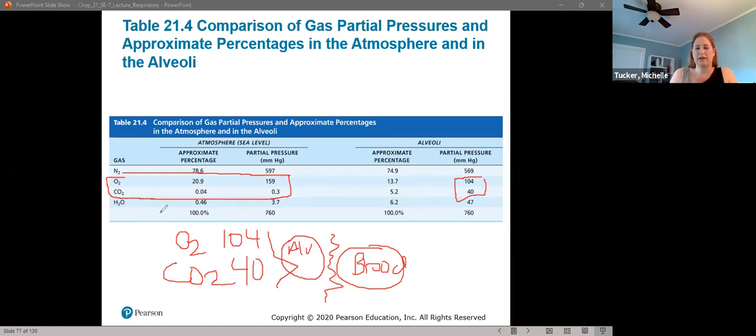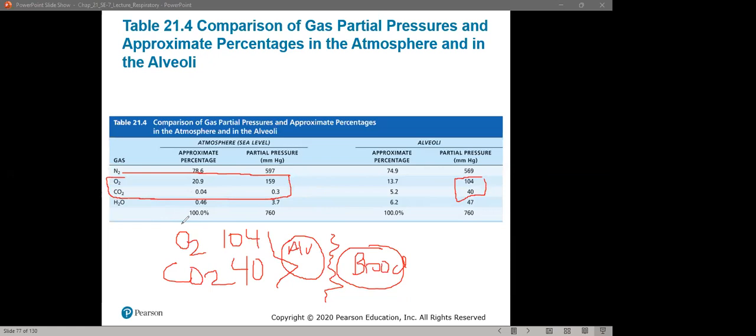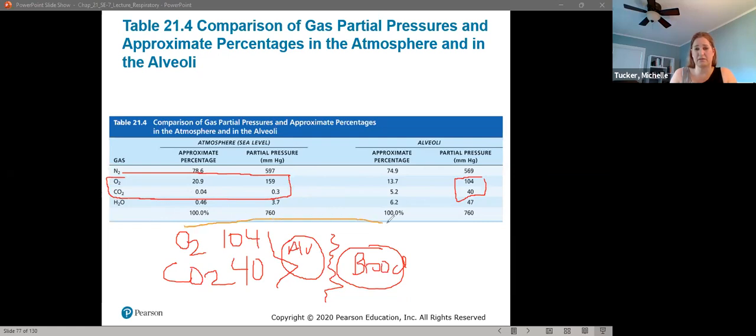Oxygen is going which direction? From the alveolus to the blood or the blood to the alveolus? Oxygen needs to get where eventually? To the blood. Right. Because eventually it's going to get to the tissue, so it needs to travel to the blood first.